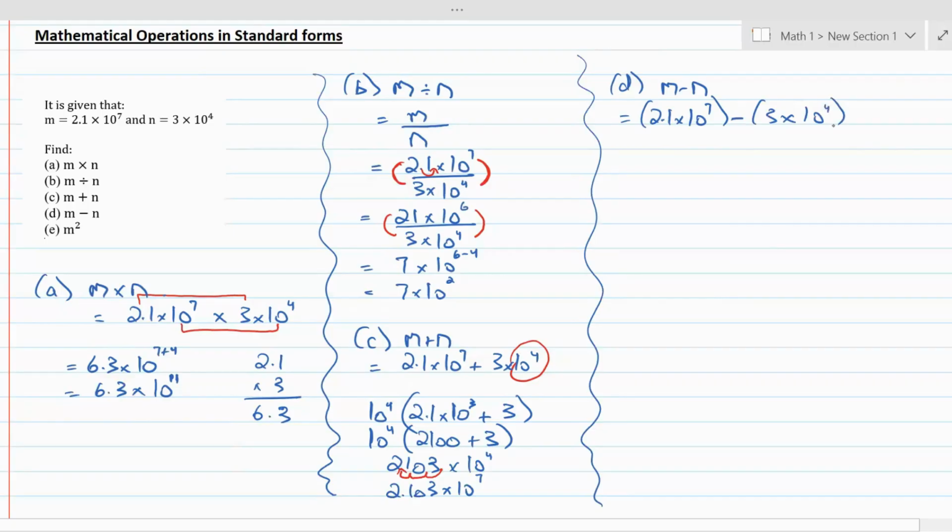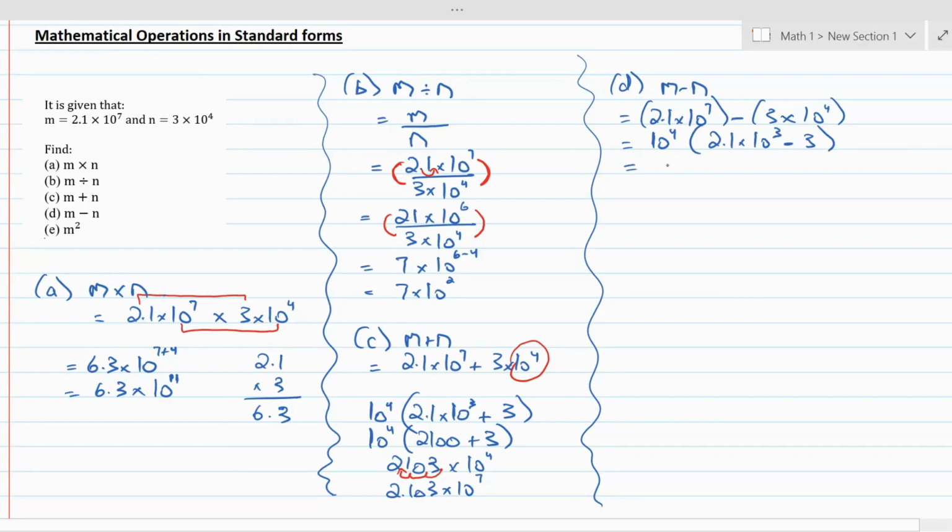Since 10 power 4 has the lower power, we'll take 10 power 4 common. Inside the bracket, it would be 2.1 into 10 raised to the power 3, because we have taken 10 power 4 common outside. Minus in between, and it's a 3, because 10 power 4 is taken common outside.